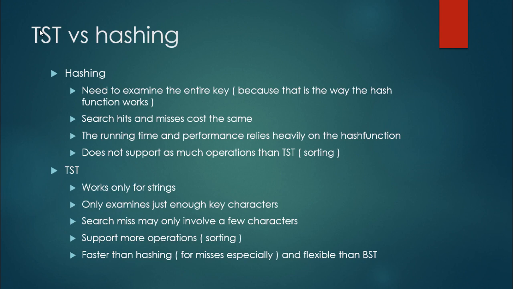When we want to find a key in a ternary search tree that doesn't exist, we can find out that it doesn't exist very quickly. And of course, it's much more flexible than the binary search tree. So this ternary search tree is a very good data structure. The main disadvantage is that it only works for strings.